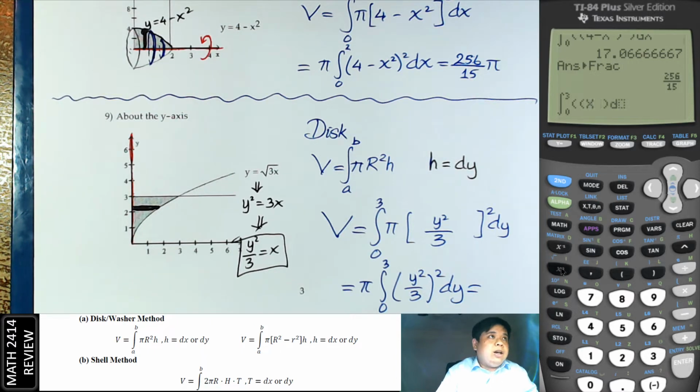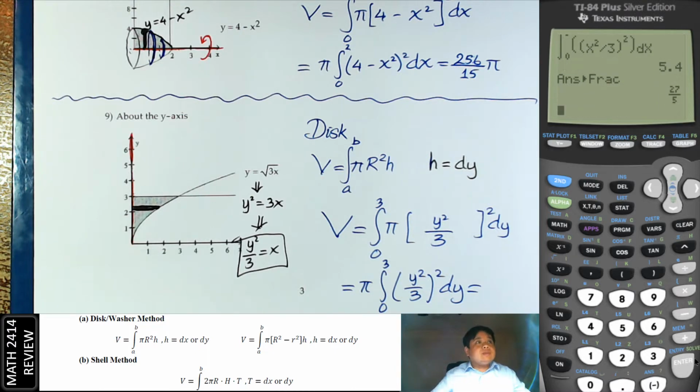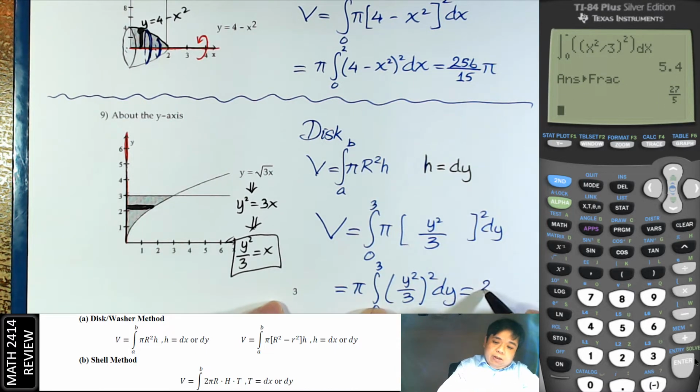y squared divided by 3, squared. Right. 27 over 5, then stick a pi to it.